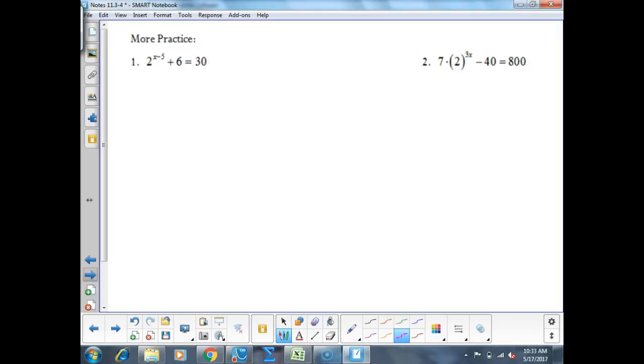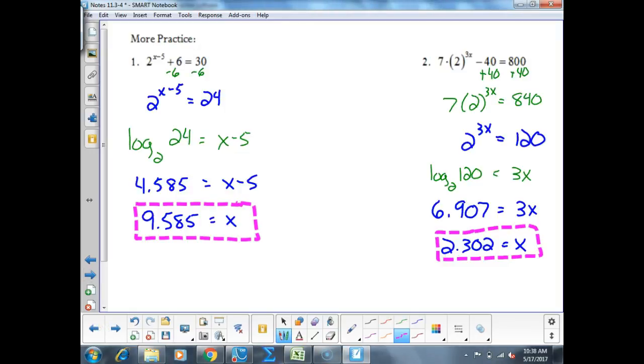Try those two. In the first one, I get 9.585 when I round to 3 decimal places. Okay? When I check it, I get like 29.99 something. So it's pretty close, but because of the rounding, I'm off by that little bit. Okay?